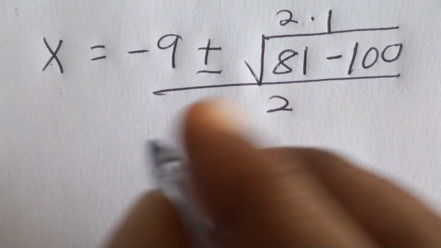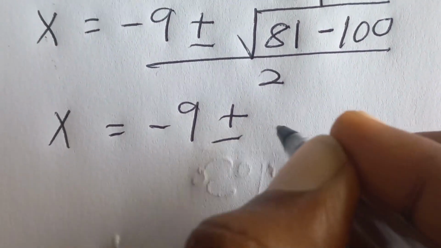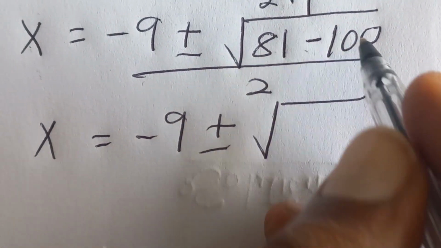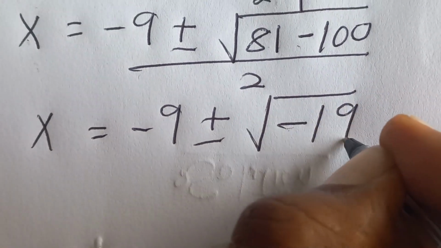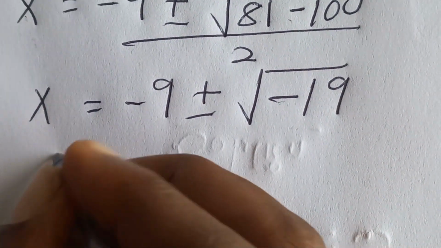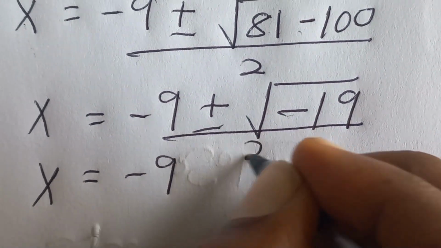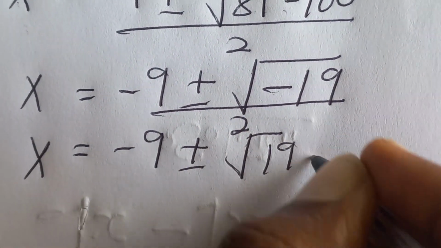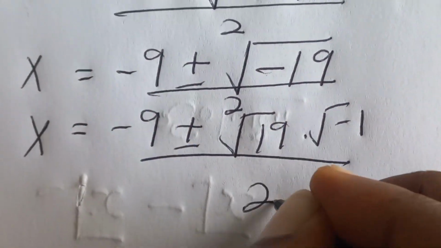So now x is equal to negative 9 plus or minus square root of 81 minus 100. We are getting negative 19. Okay, so we can write this as x is equal to negative 9. Sorry, this should be equal to negative 9 plus or minus square root of 19 multiplied by square root of negative 1, all on 2.